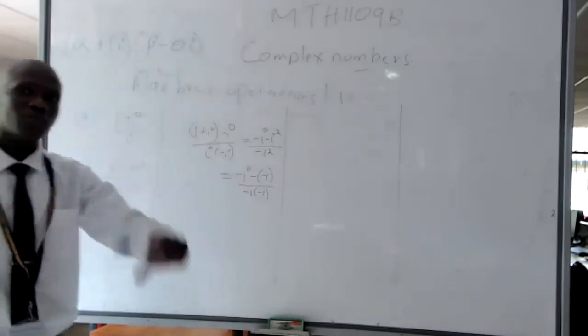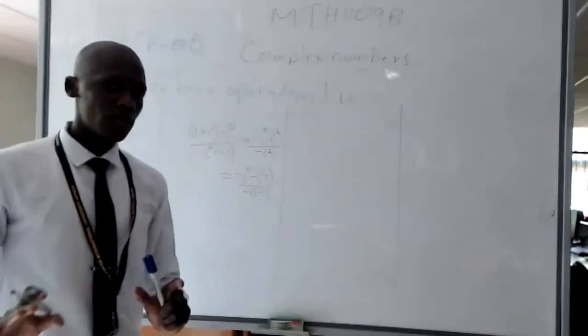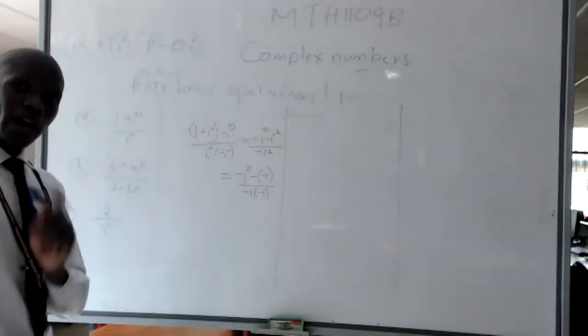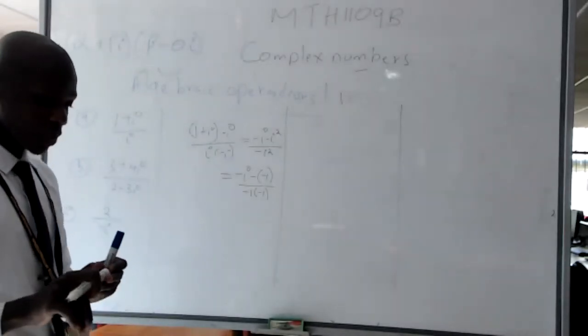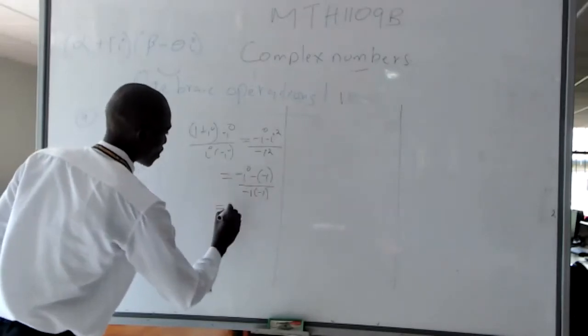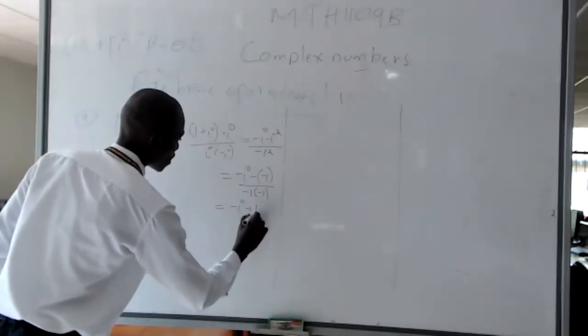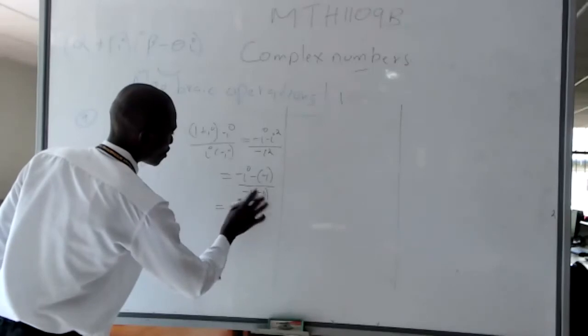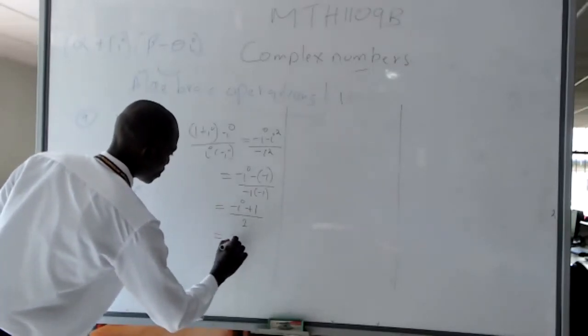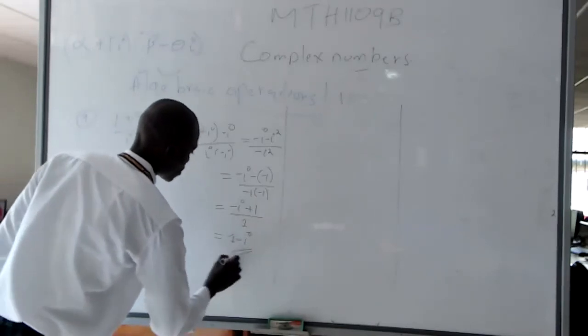So whether you are multiplying or dividing complex numbers, remember that i squared is negative 1. Don't leave i squared in your answers because it's negative 1. So this is going to be negative i plus 1 divided by negative 1 times 1, that's 1. So your final answer is 1 minus i.